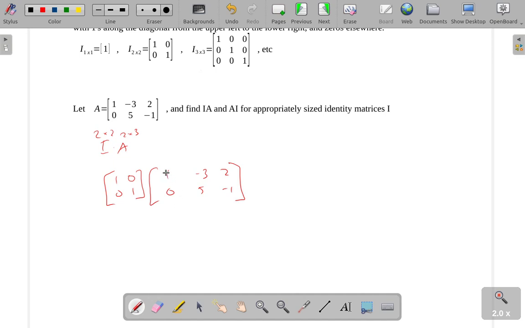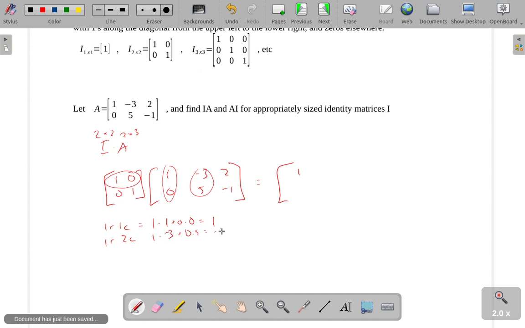When I'm multiplying this, I take this row by this column: 1 times 1 is 1, 0 times 0 is 0, which gives me 1 plus 0, which is 1 right here. For the first row, second column, I'm going to take 1 times negative 3 plus 0 times 5, which gives us negative 3.